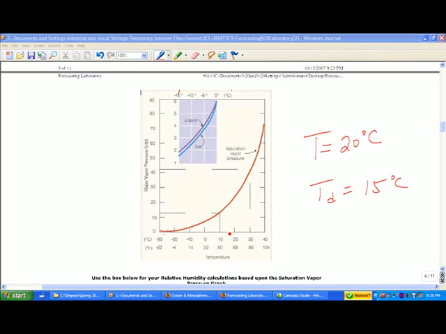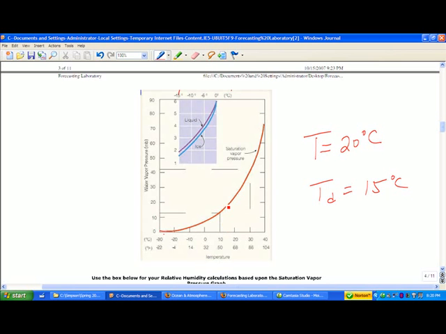So let's go ahead and plot our dew point temperature. Dew point temperature is 15. So if I go to 15 and I go across, go up to the saturation vapor pressure curve.